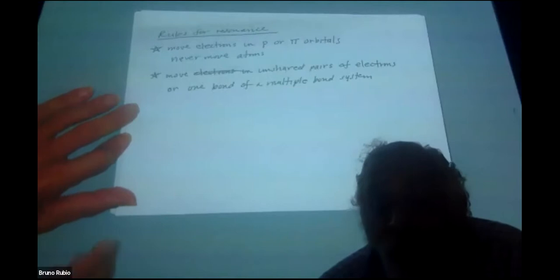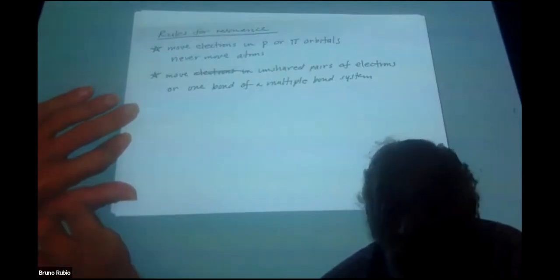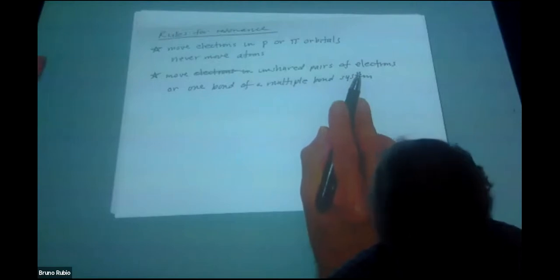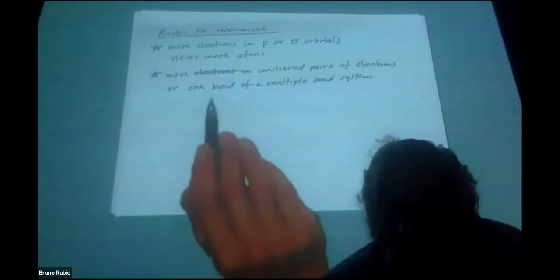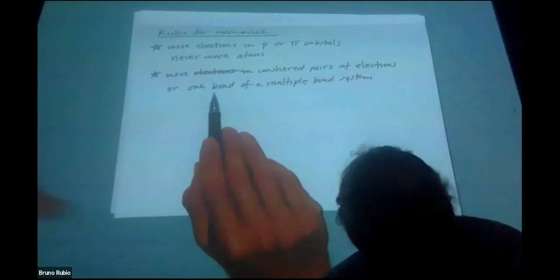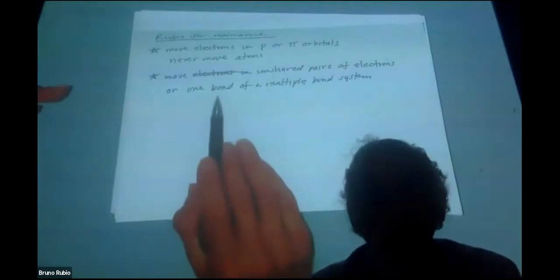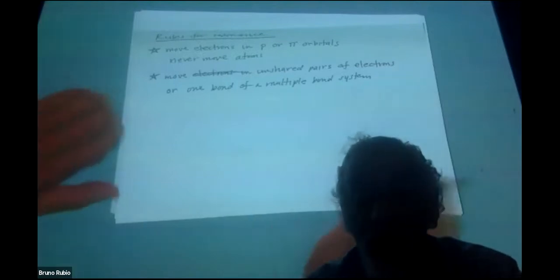However you want to think about it, you're moving electrons. An unshared pair is two electrons, but a bond is a shared pair of electrons. A covalent bond is a shared pair of electrons. So when you move around a bond that's part of a multiple bond system, then you are moving electrons anyway.